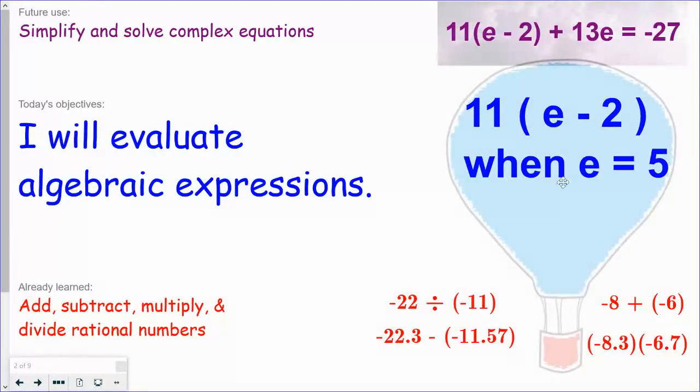Now if you're given a value for a variable, they normally want you to evaluate what is the value of this expression when e is 5. You need to know how to do that because when you get into 8th, ninth grade, you're going to need to do more complex equations. We're going to get up to 2-step equations this year, but after that, you're going to get even harder and harder equations.